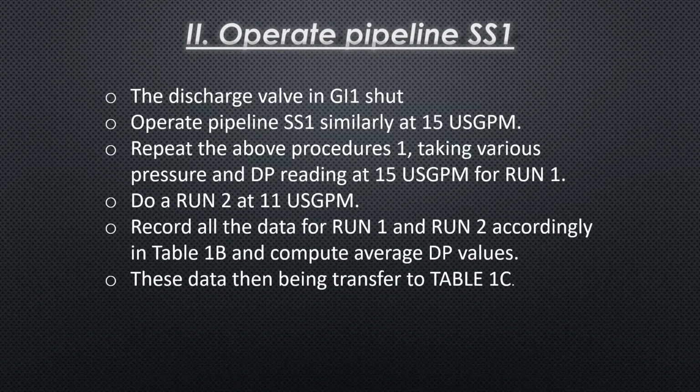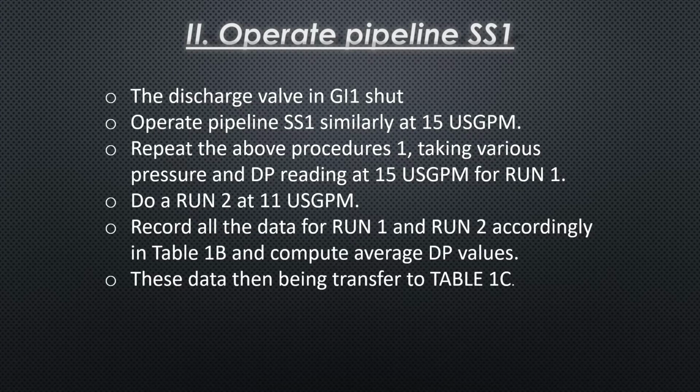At flow rate 15 US-GPM with discharge valve in galvanized iron 1 shut, operation in pipeline stainless steel 1 is similar to operation of pipeline galvanized iron 1. For run 1, after repeating procedure 1, take the pressure value and DP reading at 15 US-GPM.